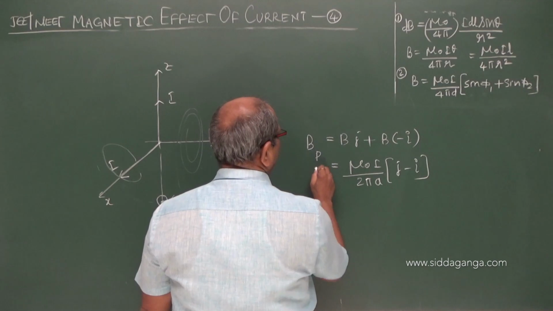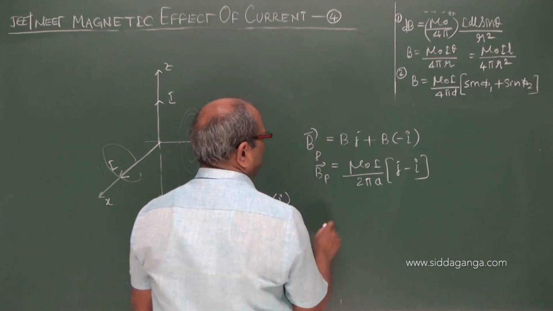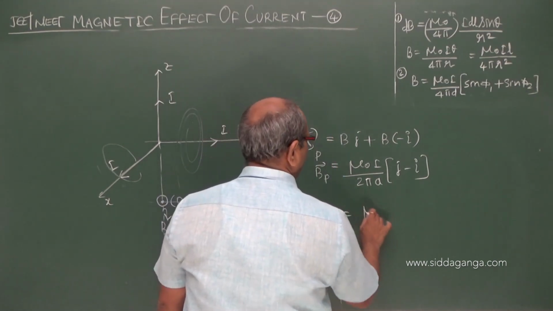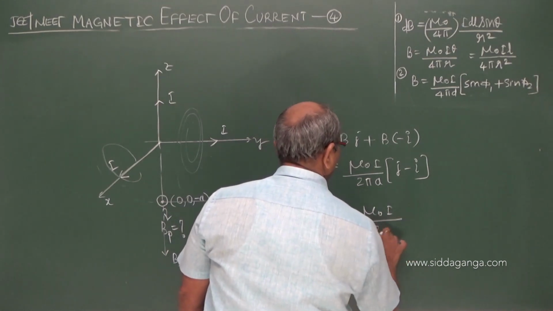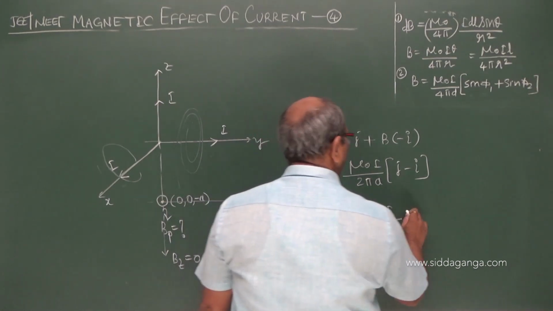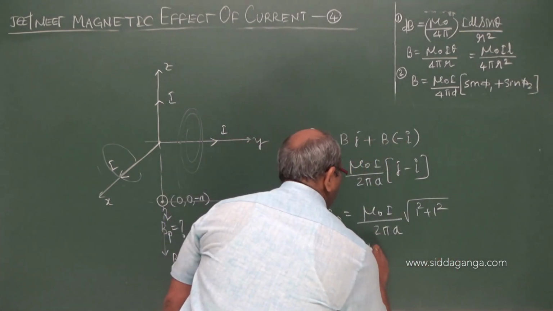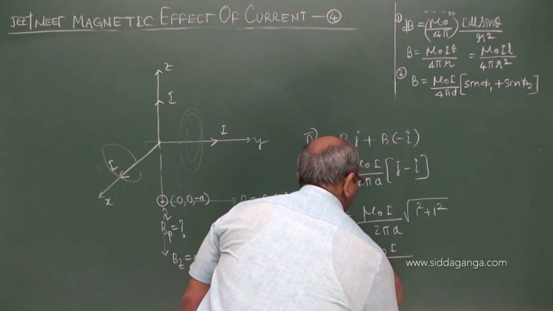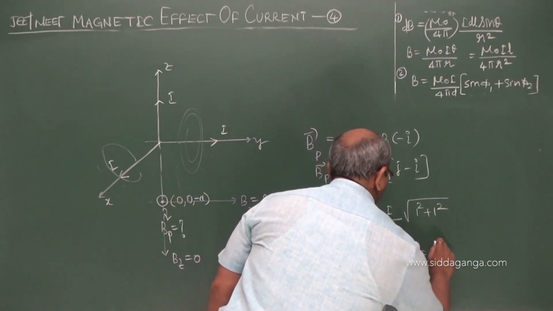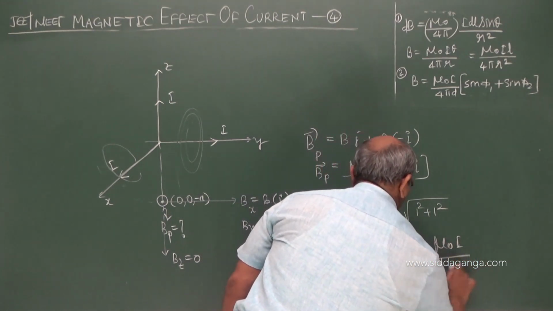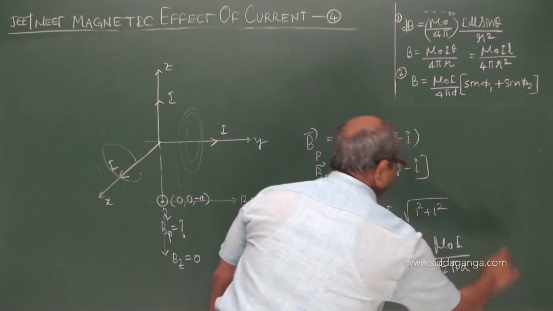So this is the vector form of the magnetic field. If you want magnitude only, mu naught I upon 2 pi A into root of 1 square plus 1 square, which becomes mu naught I by 2 pi A root 2, or mu naught I by root 2 pi A.